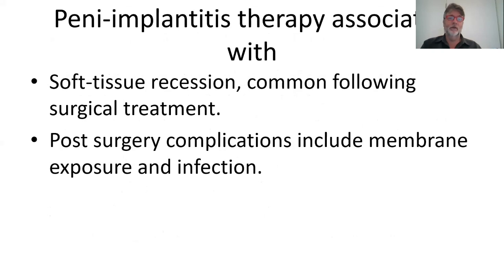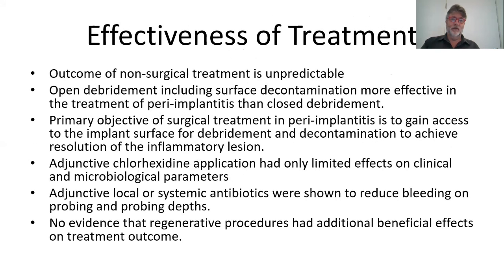Peri-implant treatment is associated, as I said, afterwards with tissue recession, so they may show more metal on the abutment. It's common following this kind of treatment. So if it's in the aesthetic zone, you're going to have some issues to deal with, especially if they've got a poor biotype. Post-surgery complications: if you're using a membrane, obviously the membrane can become exposed, and I tend not to use membranes in these situations.